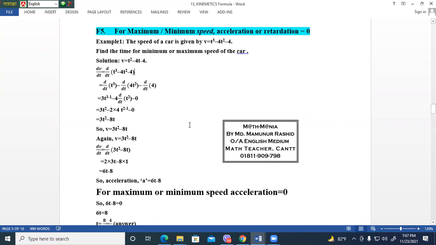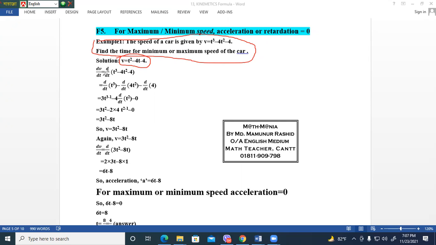Similarly, we have to do the same way. Write these questions. The speed given here is v equals t cube minus 4t square minus 4.